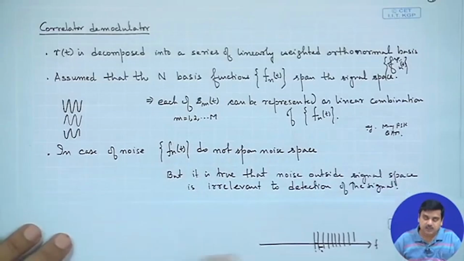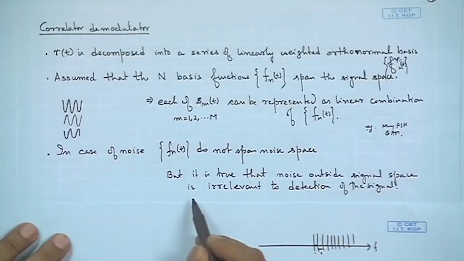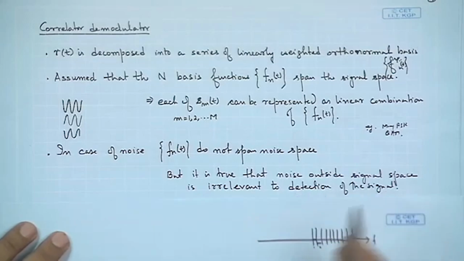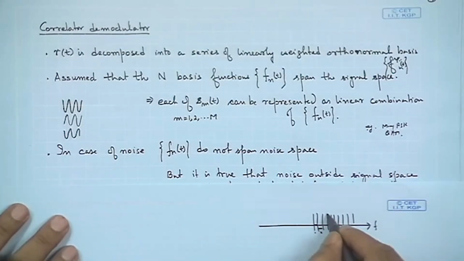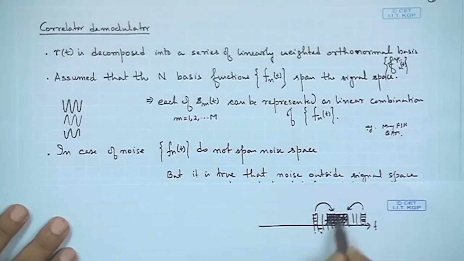But there is an important thing. It is true that noise outside the signal space is irrelevant to detection of the signal. That means, if my signal is present in this band of frequencies, the noise present in this band or at this frequency will not influence the detection of the signal which is spanning this set of frequencies.